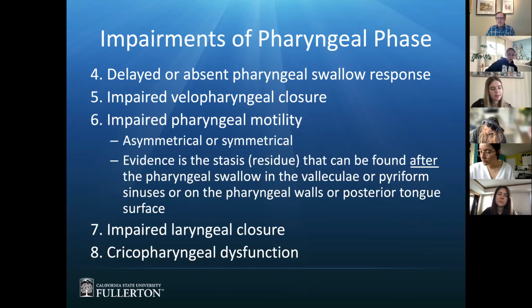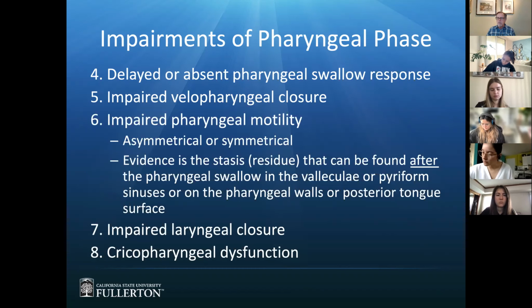Jerry Logemann started telling us that the pharyngeal swallow response is too complex to be called a reflex. When you tap the patellar tendon and the leg kicks out, that's a reflex. But the pharyngeal swallow response has so many things occurring in it that it's a little more complex than a reflex. So she started referring to it as a pharyngeal swallow response.